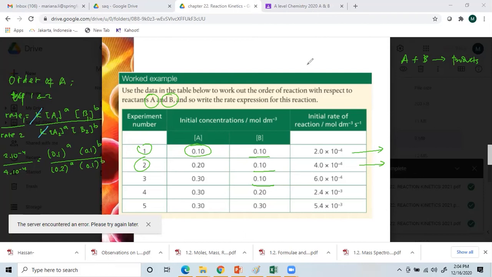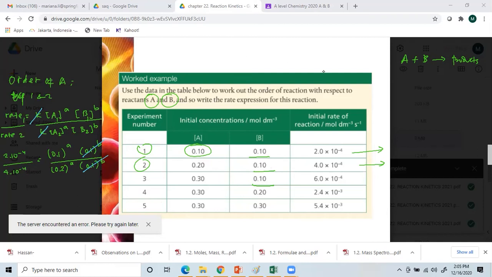You can see once again that B can be cancelled out. That's why we should find experimental data where the concentration of B is constant, because we want the ratio to be 1. So the focus is just on the concentrations of A.